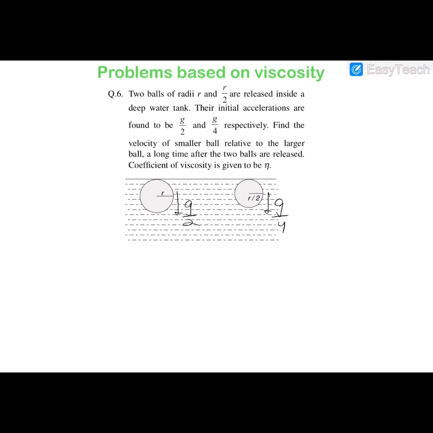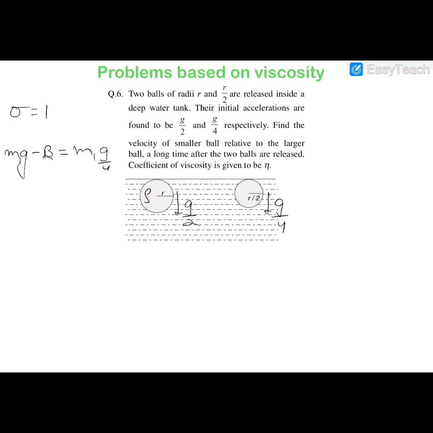And in this question it is given that the liquid is water, so we can assume that sigma is 1, and we do not know rho. So the value of rho is unknown. Rho is the density of the balls, and we can assume that the density of each ball is the same. So for the first ball we can say that mg minus buoyancy is m a, and a is g by 2, and we can assume the mass of the first ball as m1.